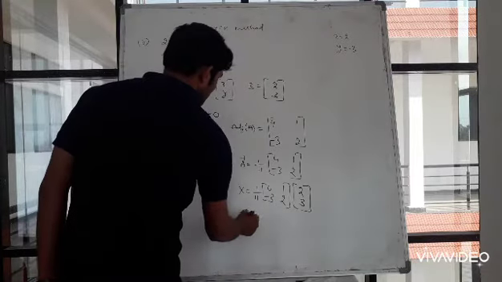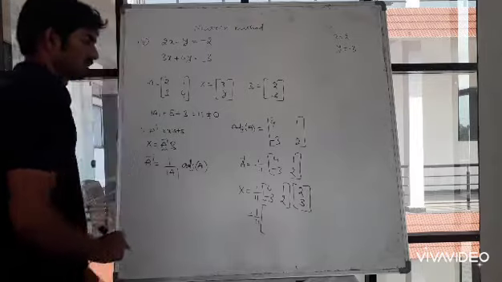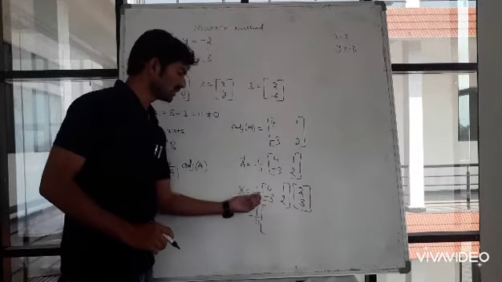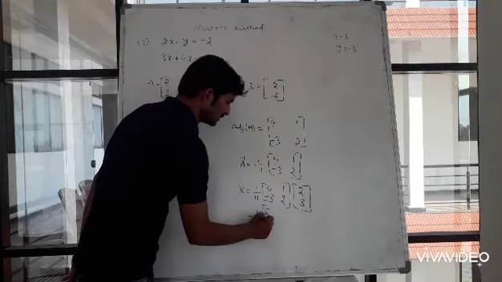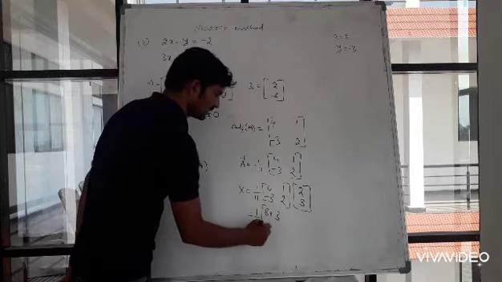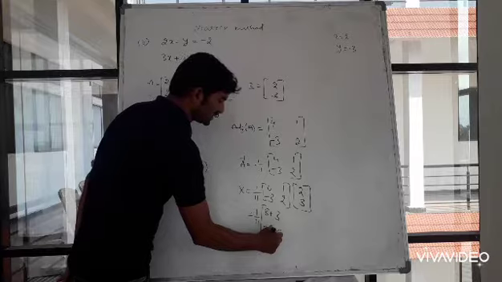Simplify this. 1 by 11 keep as it is. Take the product. First multiply the matrices, and after that we will multiply the scalar quantity. 4 2s are 8 plus 3. Next minus 3 2s are minus 6 plus 2 3s are 6 plus 6.